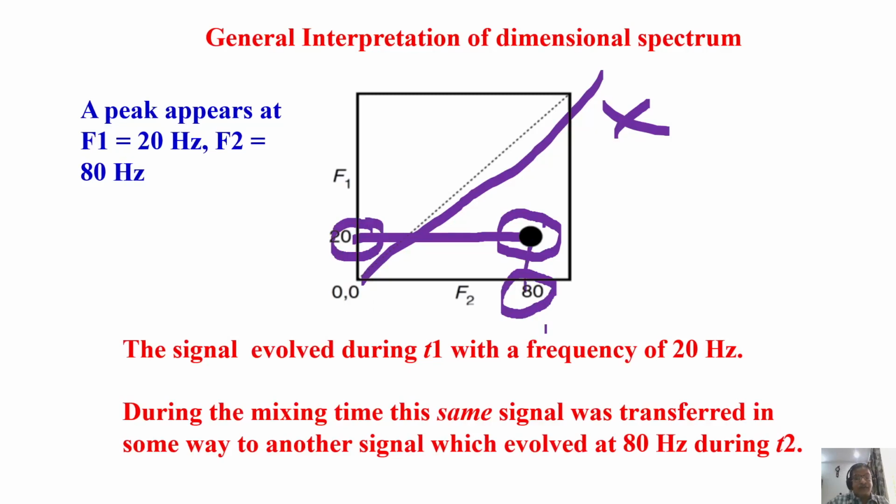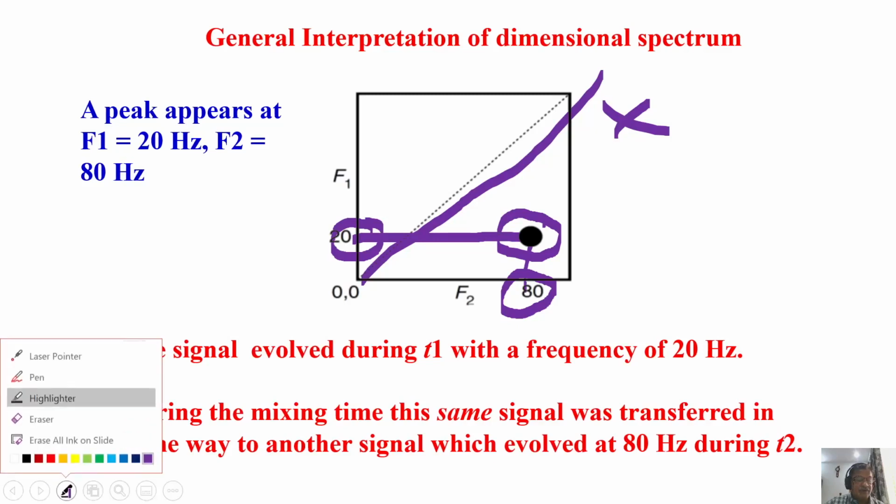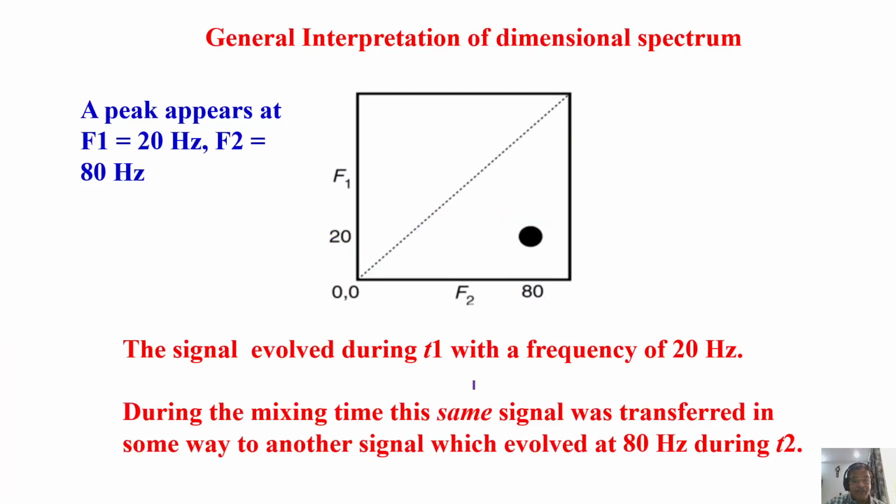So, what do you understand from this? This signal here evolved in the T1 dimension at a frequency of 20 Hz. But in the T2 dimension, it has evolved at 80 Hz. I suppose you are understanding me.